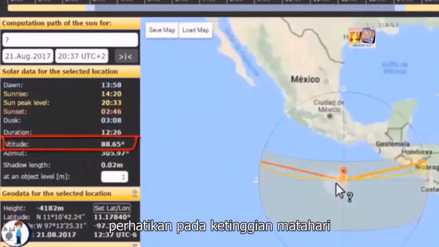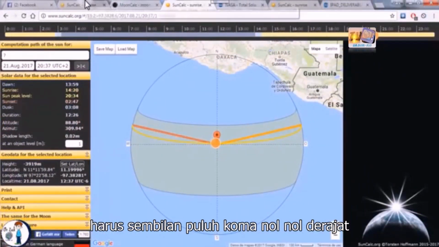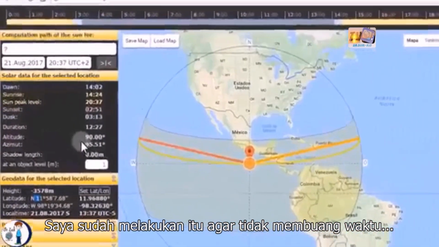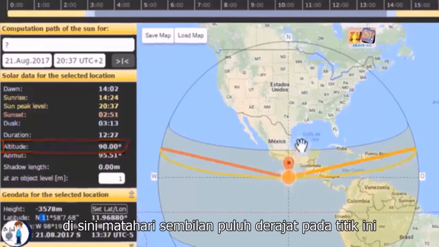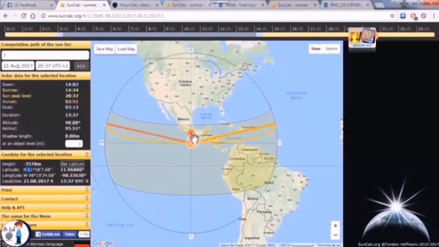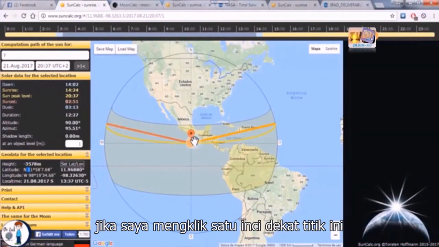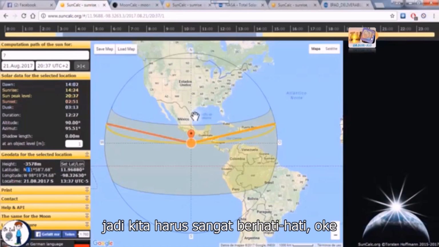Keep an eye on the altitude of the sun. It has to be 90.00 degrees. I have already done that so as not to waste time. Here it is. So the sun is 90 degrees above this point. Please note that this is very precise, that if I click 1 inch near this point, the angles of elevation are going to change. So we have to be very careful.